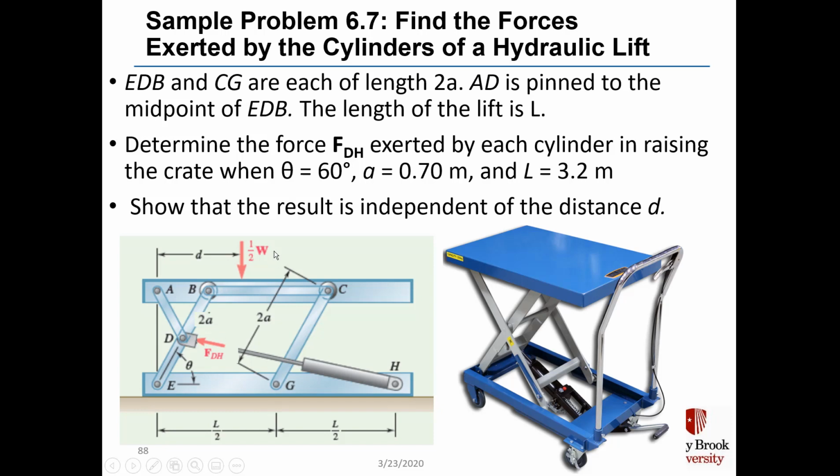So we can only pick one point, theta equals 60 degrees, and determine force F_DH, but in reality that force changes as the table lifts up and up. We're going to show, however, that the result is independent of the distance d, where d is the distance from point A to the center of gravity of our massive crate that is sitting on top of the table.